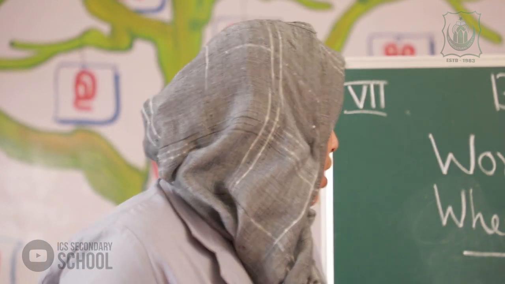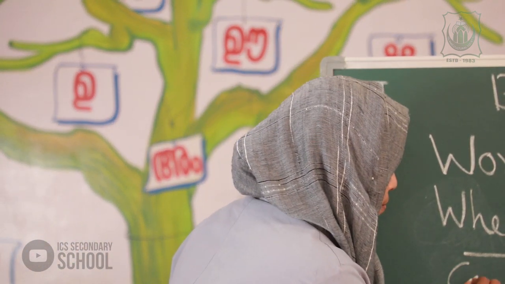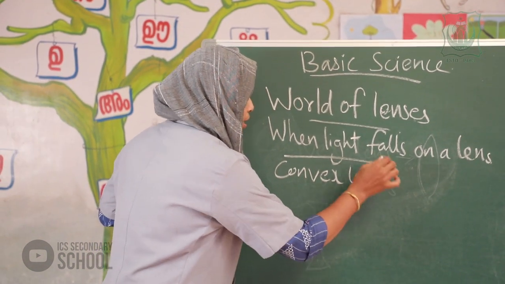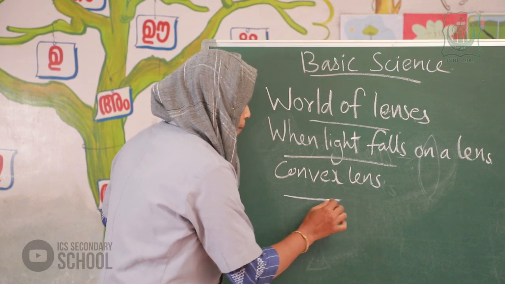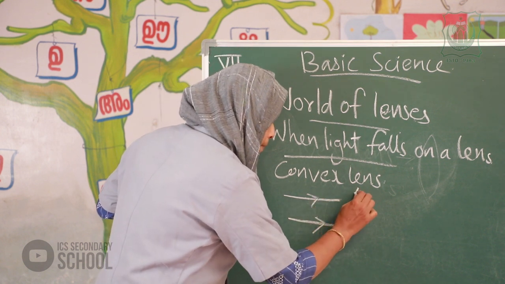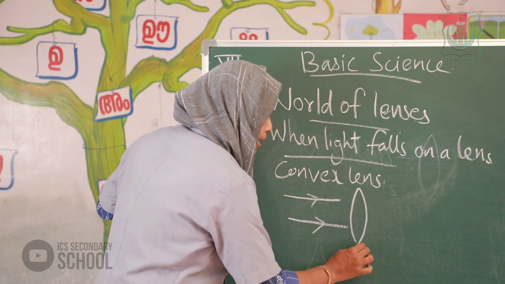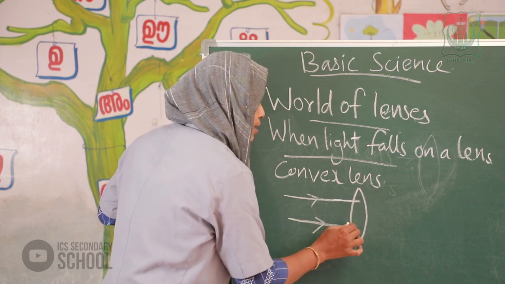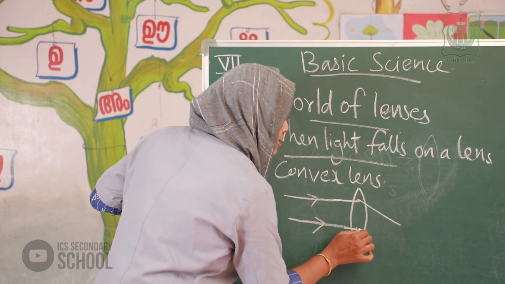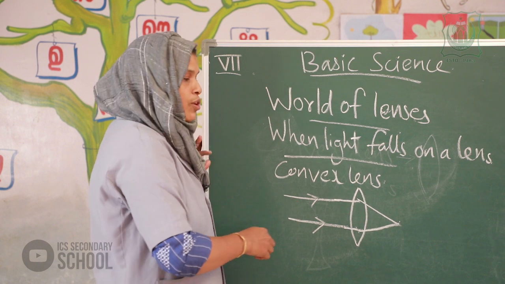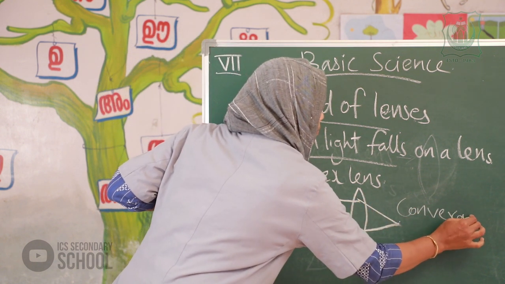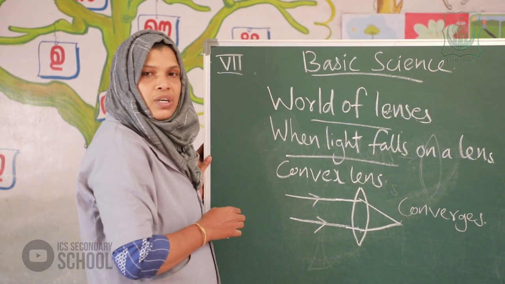First one, convex lens. When a beam of light passes through it, it converges.